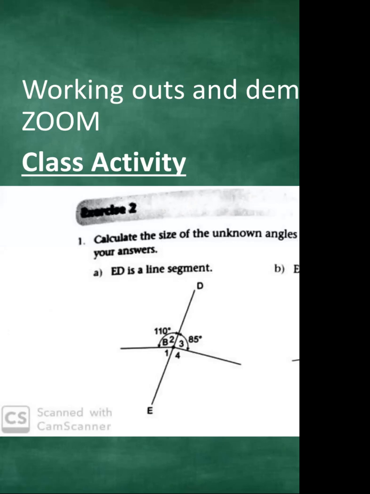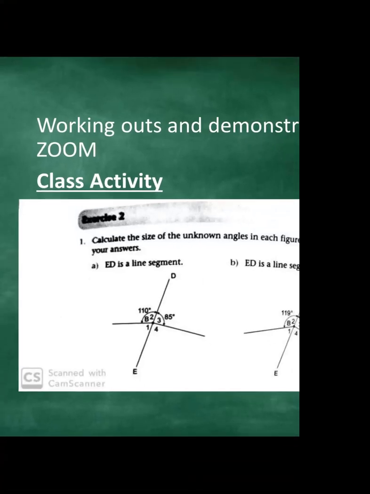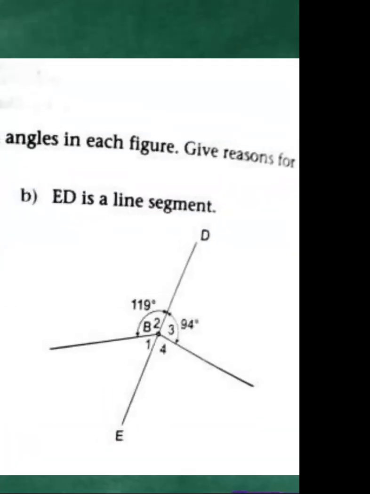Okay. So guys, can you please do the second one? Because I think now we are getting it. So number B, it's saying that line E and D is its line segment. So it means that from D to E, it's 180 degrees. It's not 360 degrees. It's 180 degrees because it is our straight line. Can you see that? And the other lines are not straight.